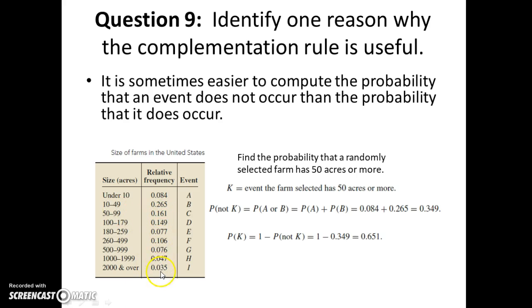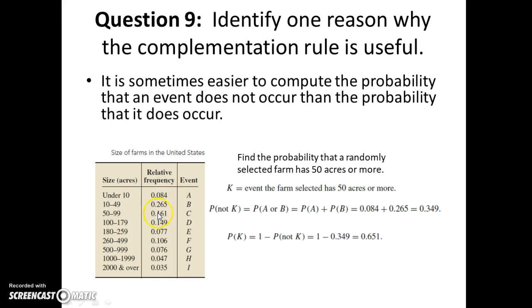You would have to add up all these numbers. What we know is the whole thing is always 1. Adding up these numbers is more work than adding up these two. When you add these two and subtract from 1, you still get the same thing because the sum is still 1. That's why it's useful to use the complementation rule.